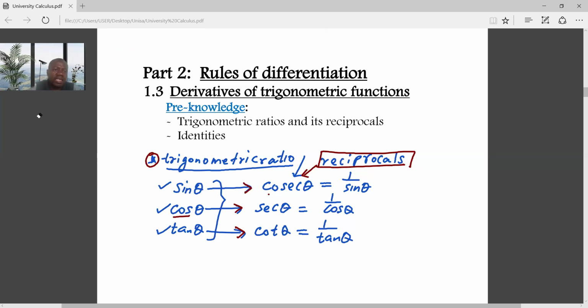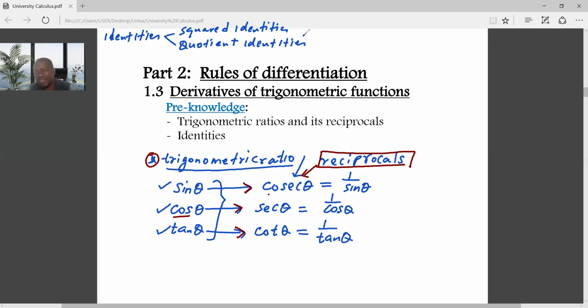Then the second one is the issue of knowing the trigonometric identities. You have learned this from grade 12. When you talk about the identities, we have the squared identities, and the second one is called the quotient identities, which are written in the form of a fraction.